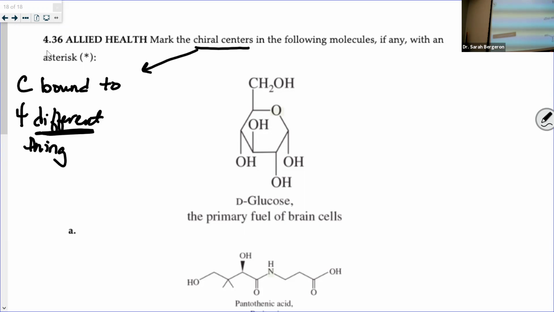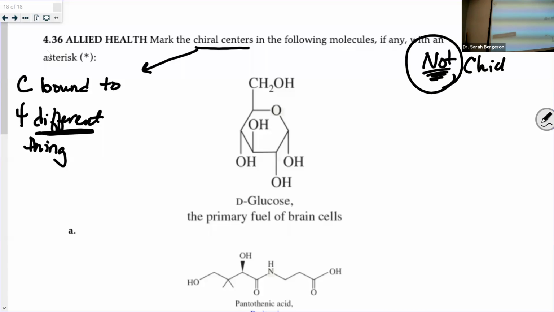So before we try to go in and analyze all these molecules, I want you to tell me what's not chiral. And make sure you write this as "not chiral." So give me an example of a carbon that's not chiral. CH3.